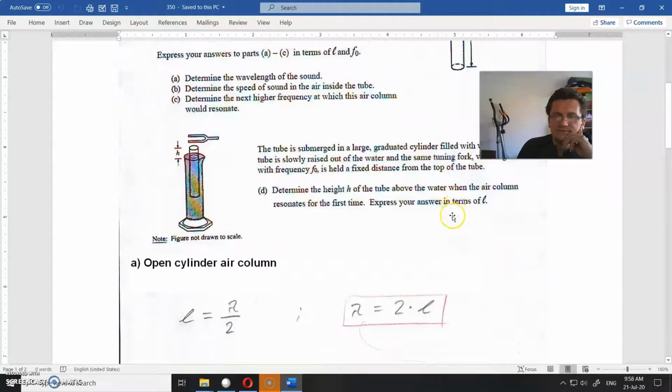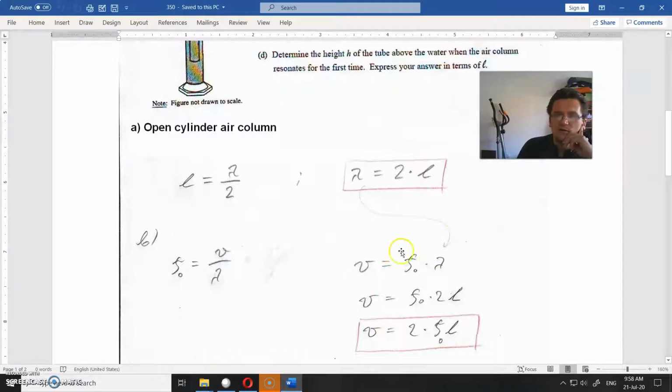And always when you have some wave that travels, may that be light or a wave on the pond or a sound wave, the speed of the wave is equal to frequency times its wavelength.